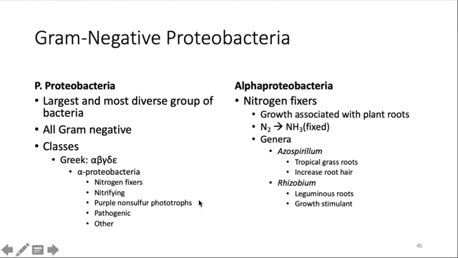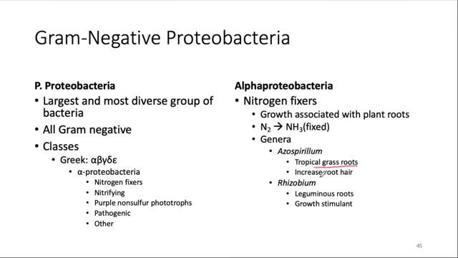So if we look at the nitrogen fixers, they will generally grow in association with plant roots, and they can convert nitrogen gas into ammonia. They're able to fix it. You have the genera Azospirillum, which is associated with tropical roots of grasses.